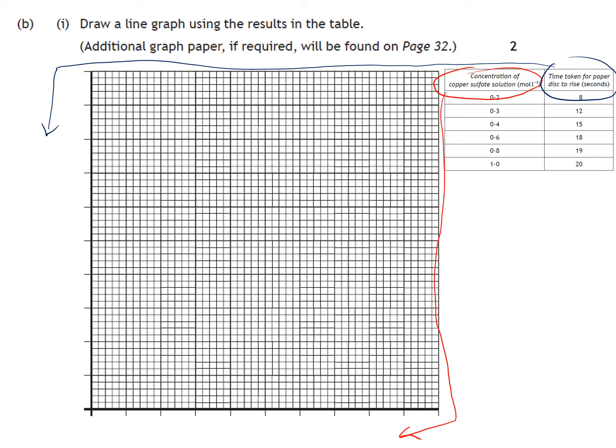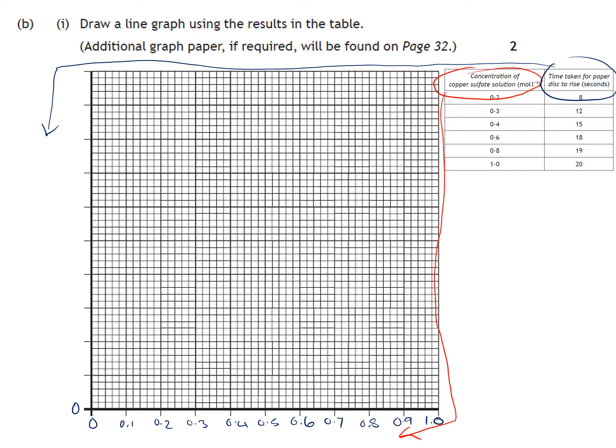Okay, so our copper sulfate solution goes from 0.2 to 1, so I think we're going to start at 0, and that'll be 0.1, 0.2, 0.3. Nicely fitting in. Nice enough scale as well. Okay, going up the side for our paper disc to rise. Again, reasonable to start at 0. You could start at 4 or 5 maybe.